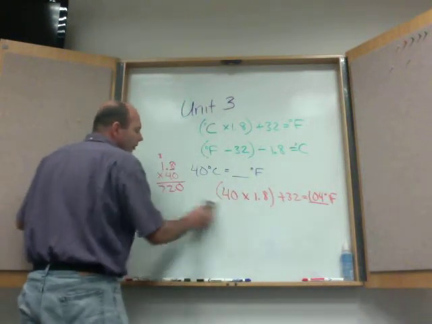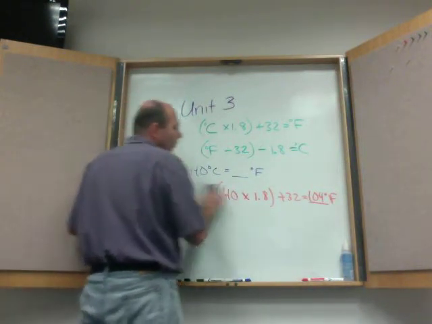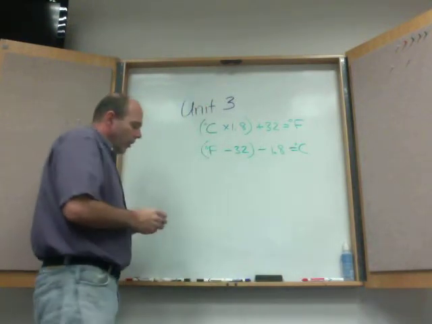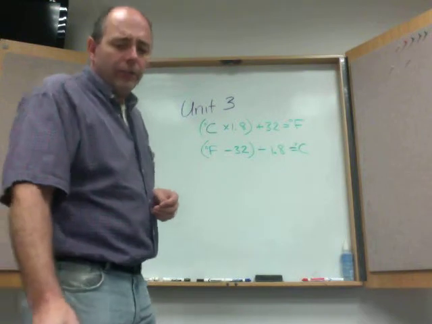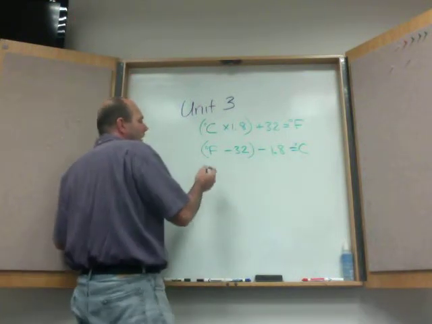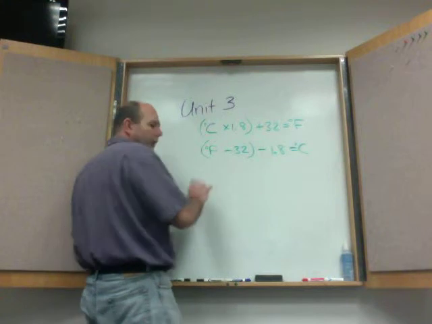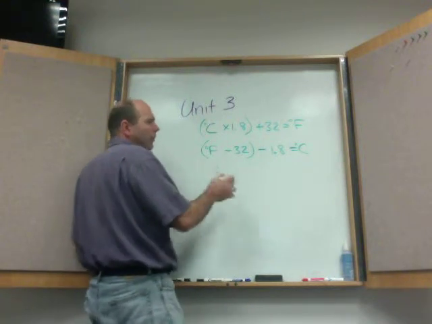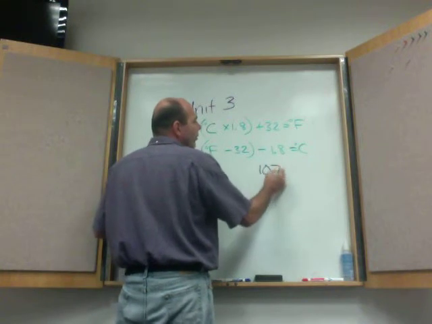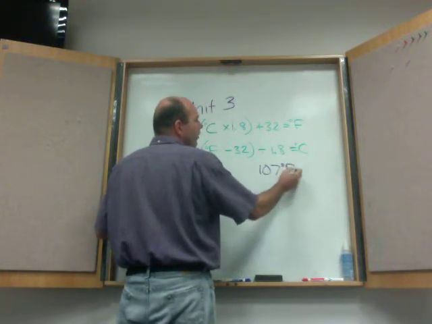How about the other direction? What if you're looking at somebody who has, let's say, a temperature of 107. You probably should be in the hospital with a temperature of 107, but let's take a look at it. They have a temperature of 107 degrees Fahrenheit.